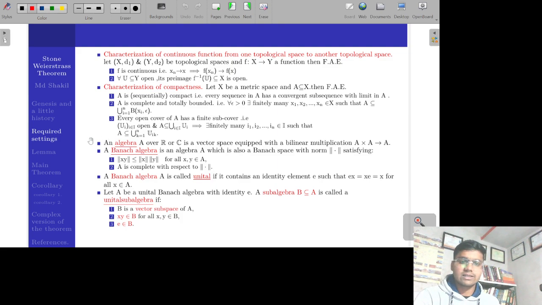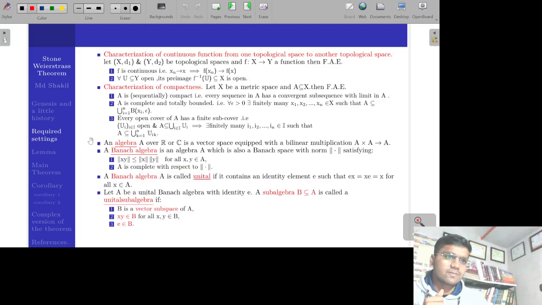And now the second thing is algebra, and we talked about the unital subalgebra. To understand the unital subalgebra, we need to understand what algebra itself is. So this algebra is not the algebra of measure theory. It is an algebra in another sense. In Banach space, in functional analysis, we talk about this algebra.